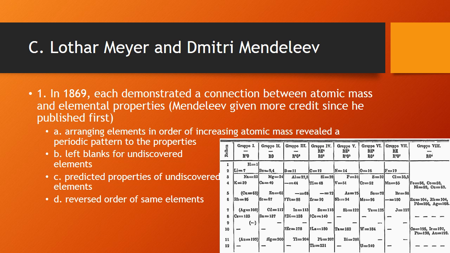Now, another thing that Mendeleev had to do was reverse the order of some of the elements. So, in other words, he did start by ordering them by increasing atomic mass, but there were some elements where he actually had to reverse the order in order to make the pattern stick. In other words, in order to make those periodic properties continue to hold, he had to reverse the order.